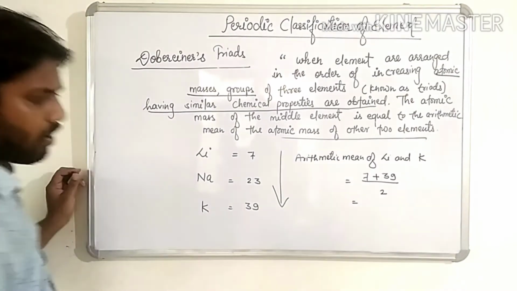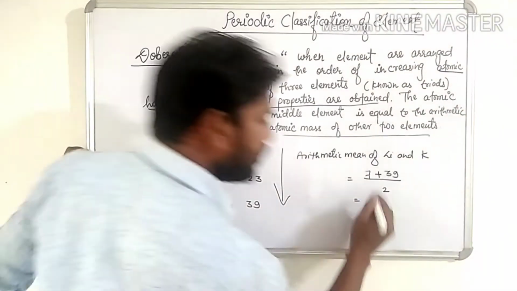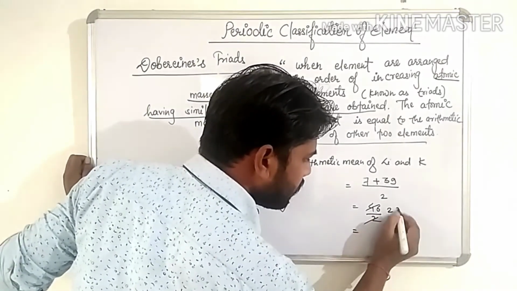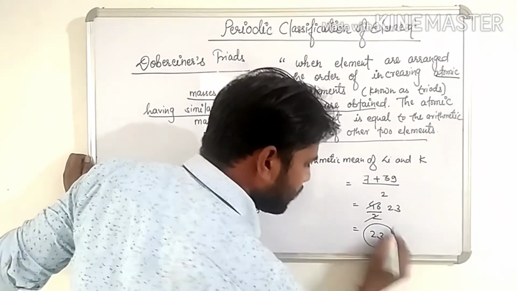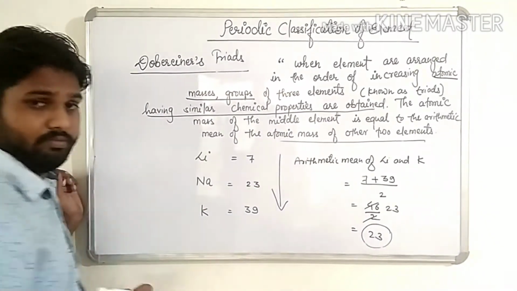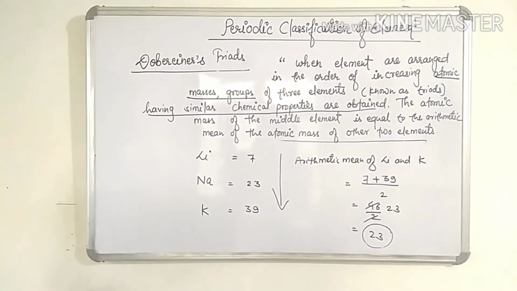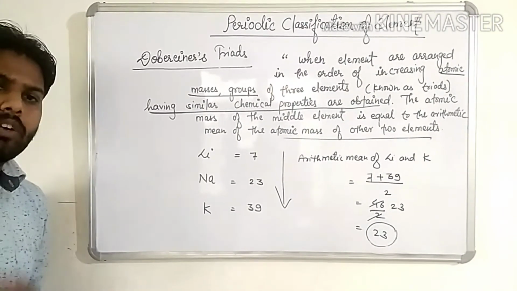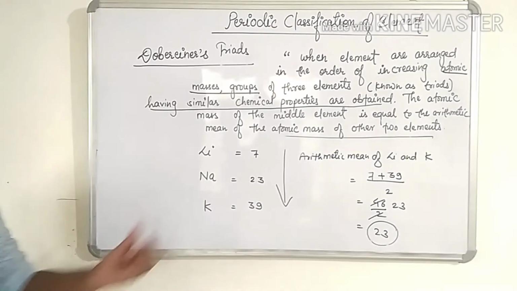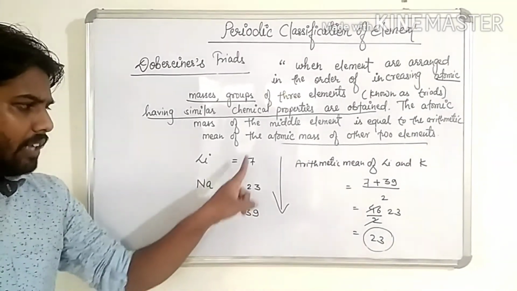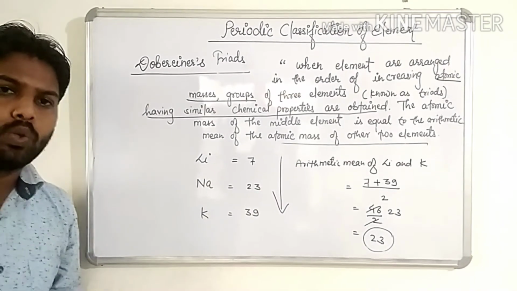So we will get 46 by 2, 23, whose atomic mass is equal to sodium. Clear, children? It means when we arrange the elements in increasing atomic mass, we can easily calculate the mass of the middle element by the average of the other two elements.